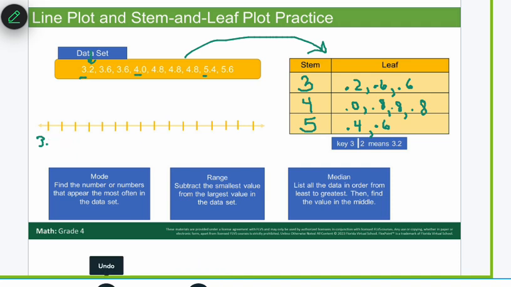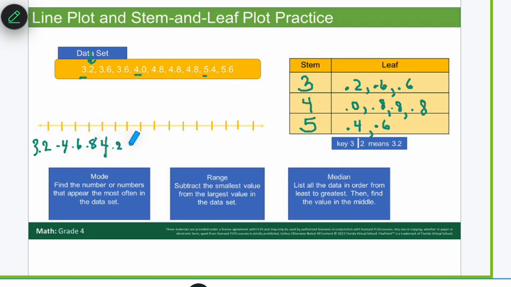I'm going to change up my number line. So we're going to do 3.2. We'll put this as 4/10, 6/10, 8/10, 4 whole, 2/10, 4/10, 6/10, 8/10, 5 whole, 2/10, 4/10, 6/10, 8/10, 6 whole.